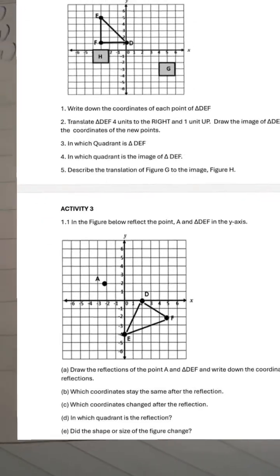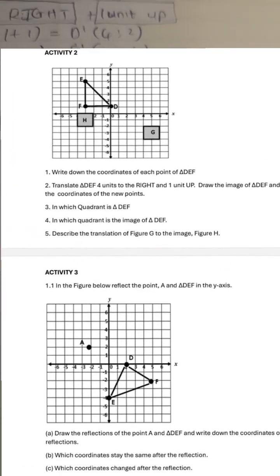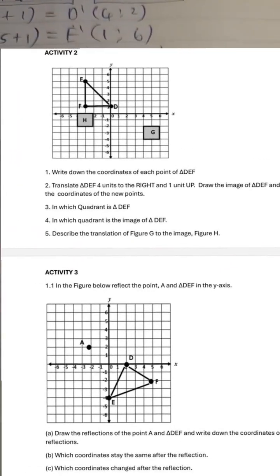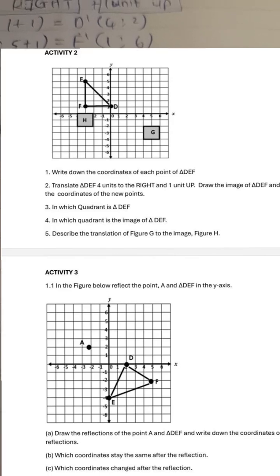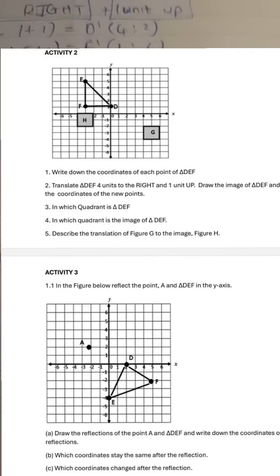So when we have the diagram, we can always count. We can count from 4 all the way to -4.